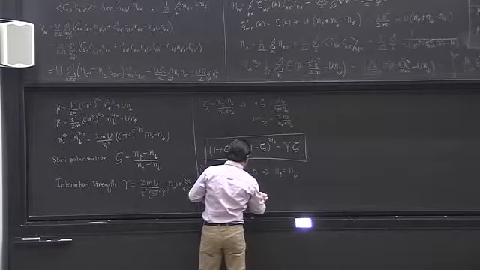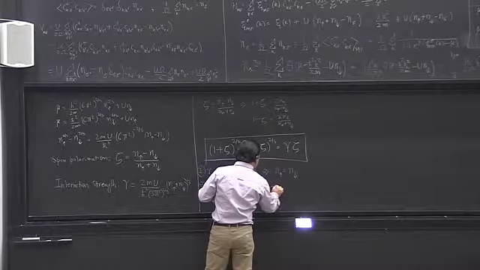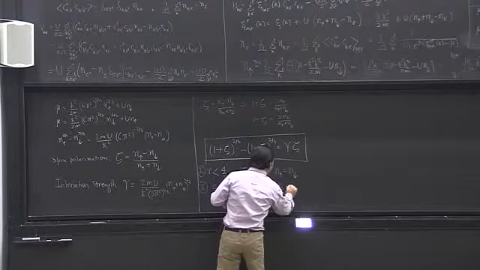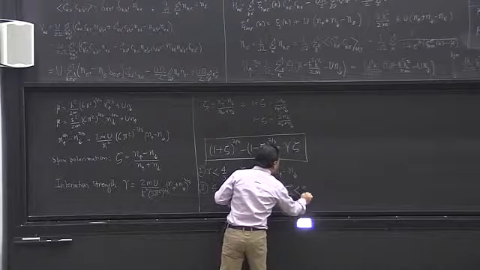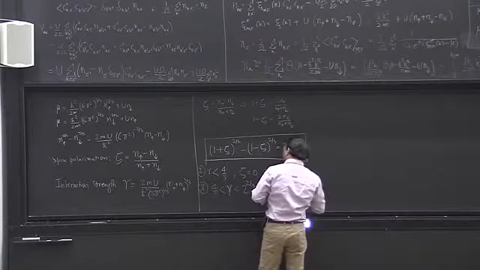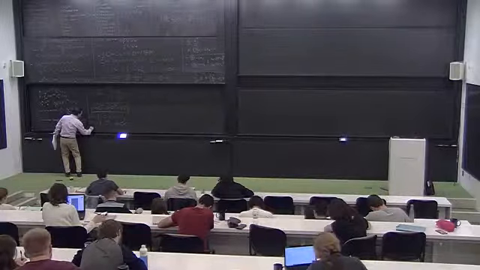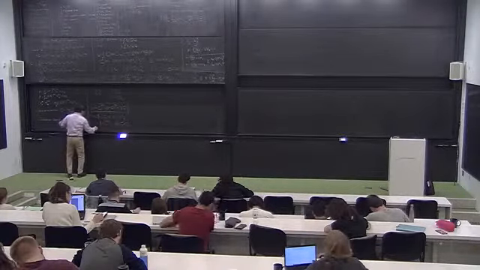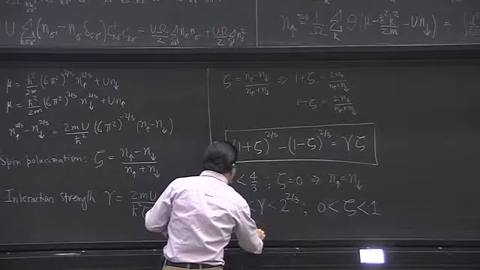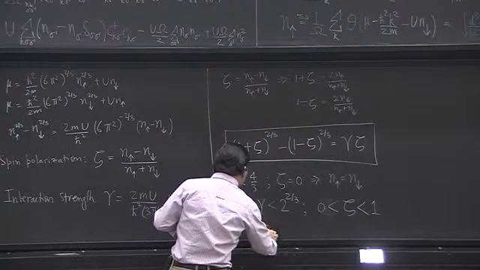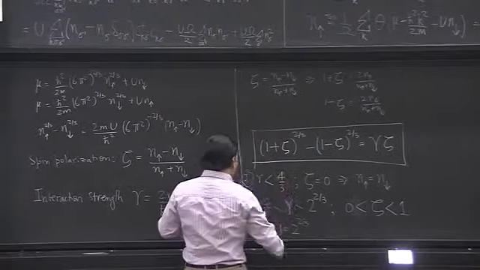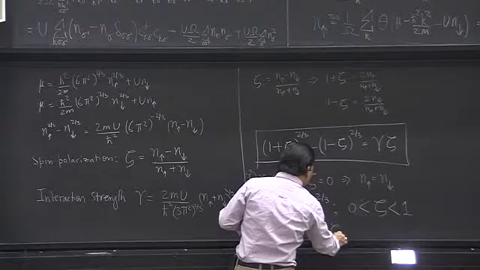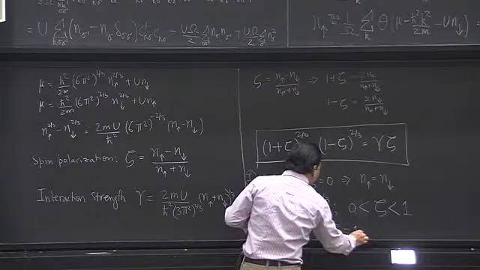This implies that the spin polarization zeta is between 0 and 1. And the third case, which is very easy to verify, is when you simply put gamma equal to 2 to the power 2 by 3 in this equation, and you would see that the spin polarization must be equal to 1.